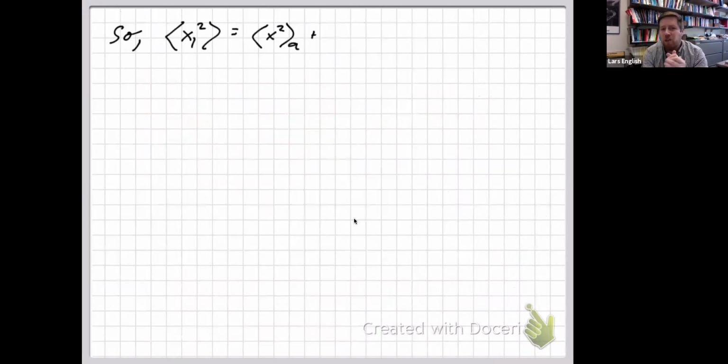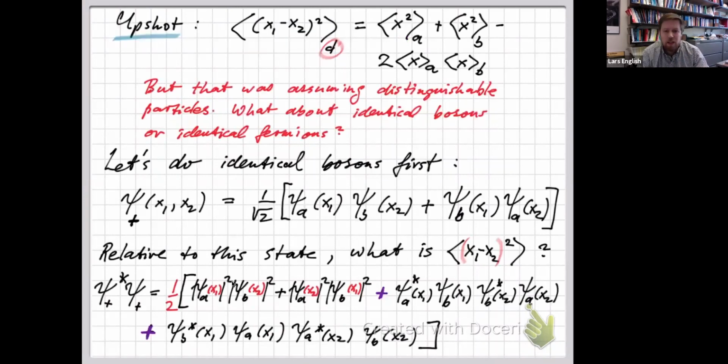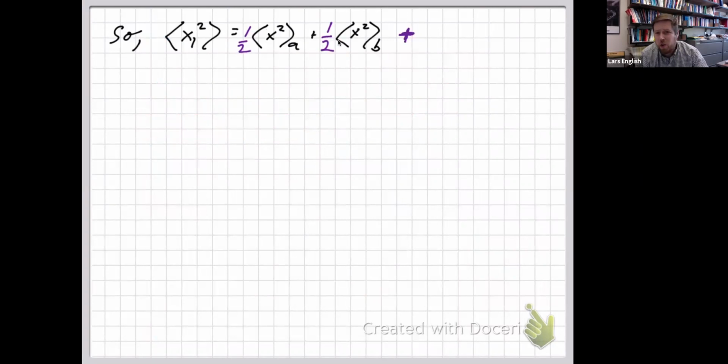So now we are ready to evaluate the expectation values. What is the x1 squared expectation value? Basically, what you would now do is take this, multiply by x1 squared through, and then integrate. These first two terms would then give rise to these two terms.